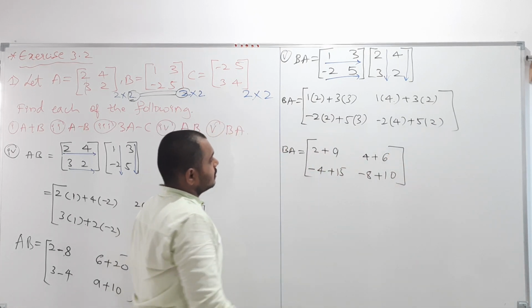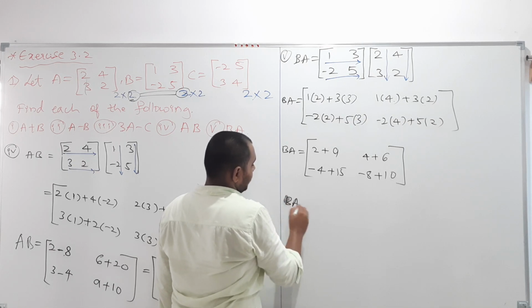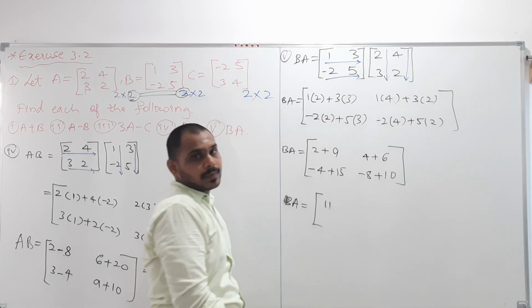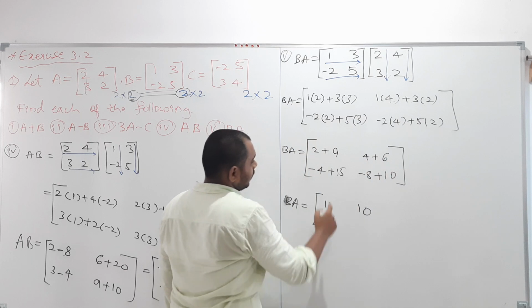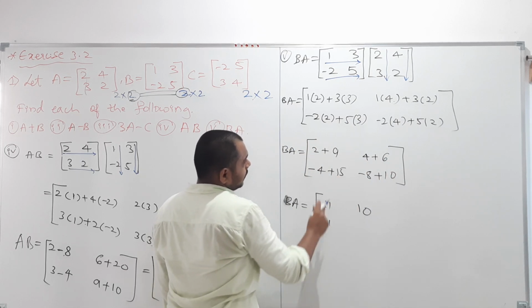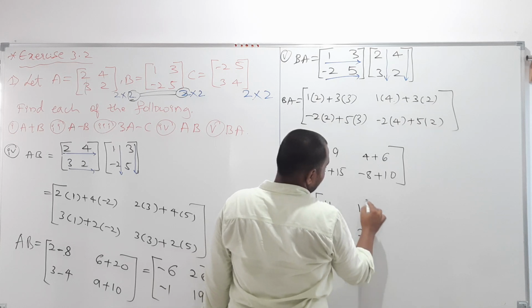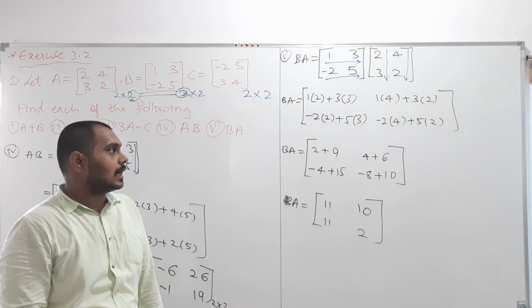Clear? Simplify this. So BA is equal to 9 plus 2 is 11. 6 plus 4 is 10, 15 minus 4 is 11. And next, minus 8 plus 10 is 2. So this is your required answer.